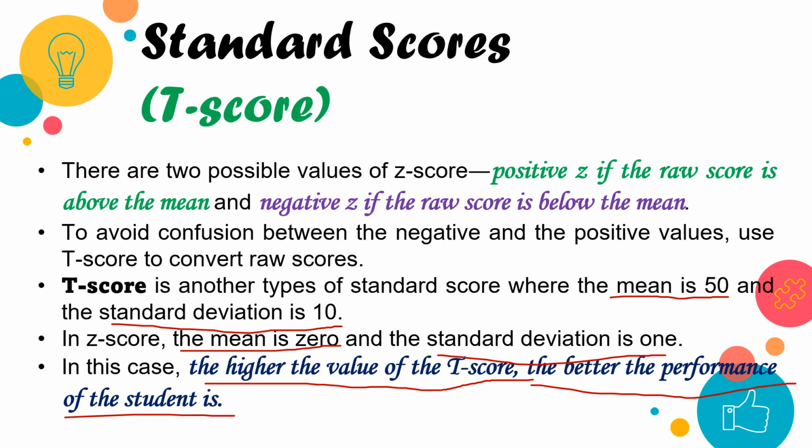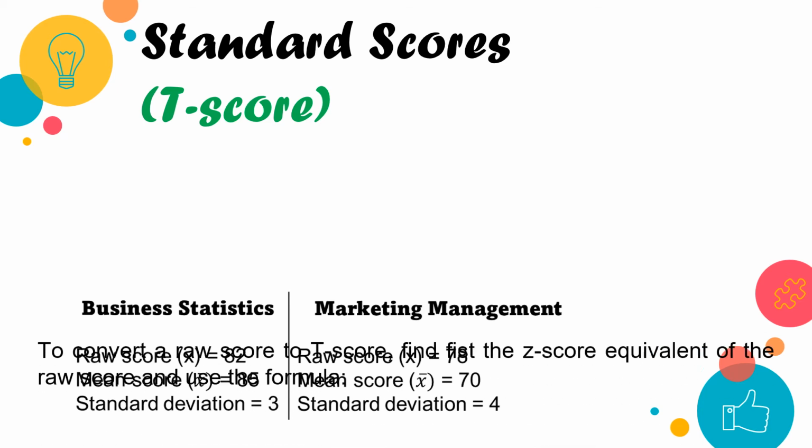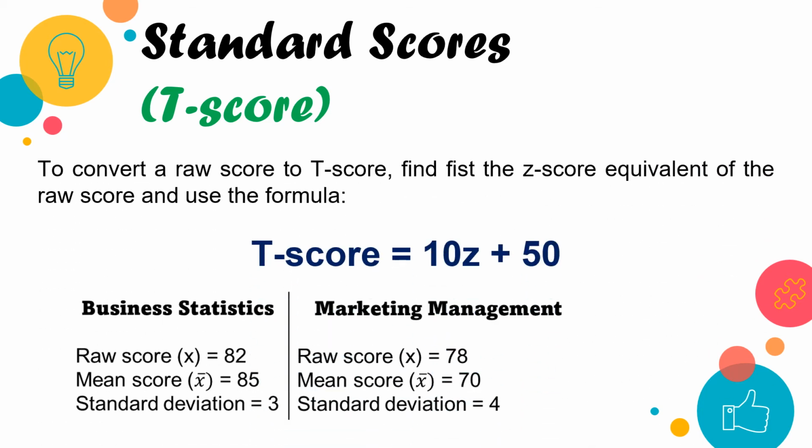Okay. Now, to convert a raw score to t-score, find first the z-score equivalent of the raw score and use the formula. Here is the formula we will use.